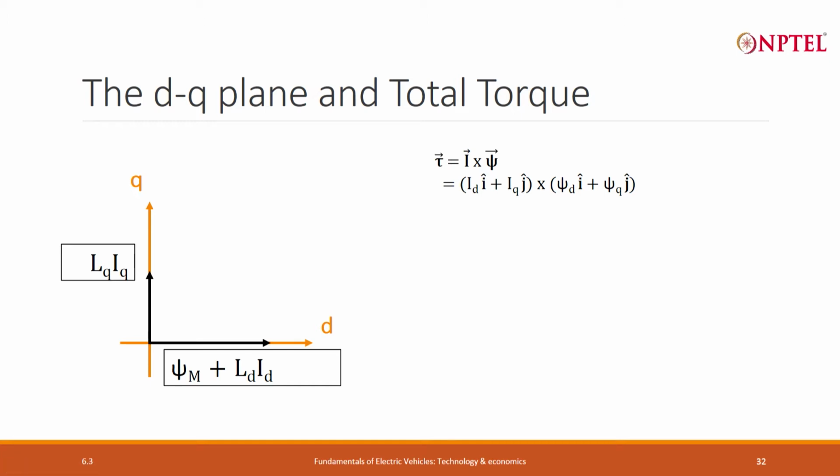In addition, there is an LD-ID, which is the d component of the reluctance flux, which is also acting along the d axis, and perpendicular to the d axis, that means on the q axis, I have the flux due to the q component of the current, which is LQ-IQ. So, the total flux that is acting is the vector sum of the two things.